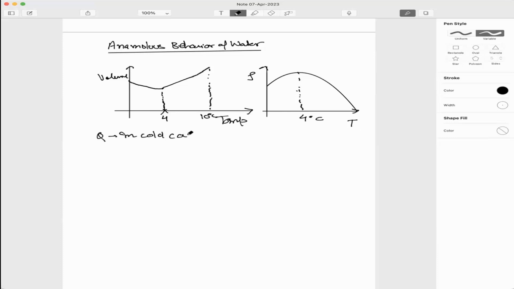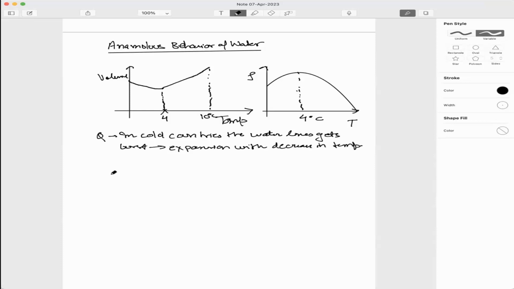In cold countries, the water lines get burst. This has happened because we see an expansion with decrease in temperature.